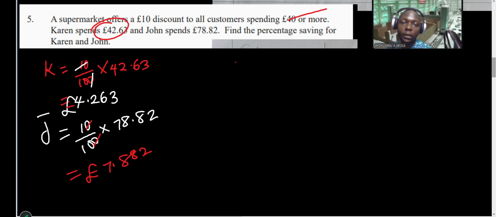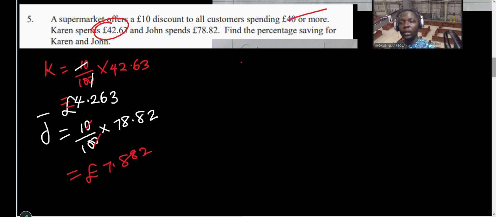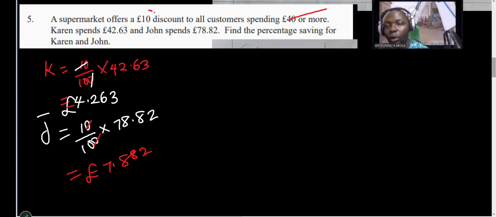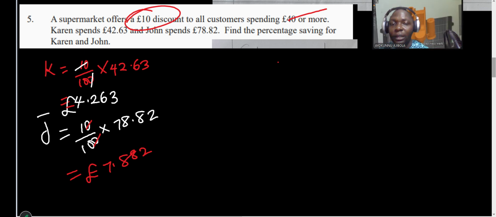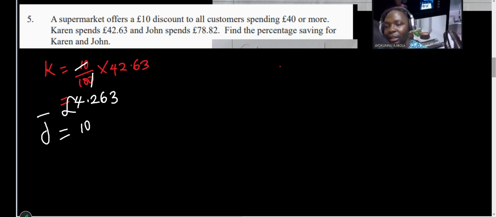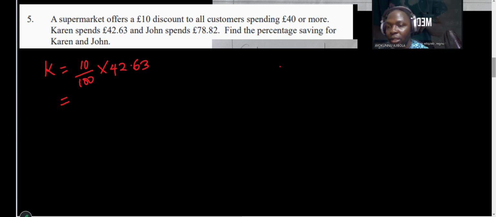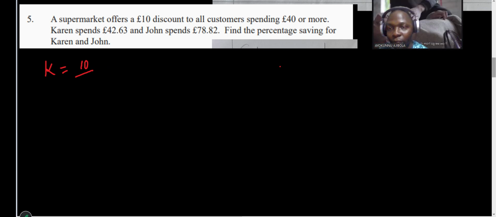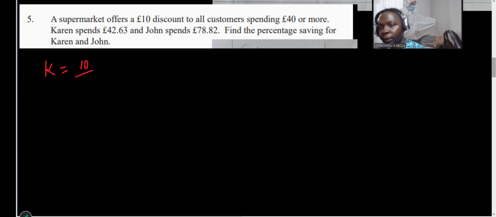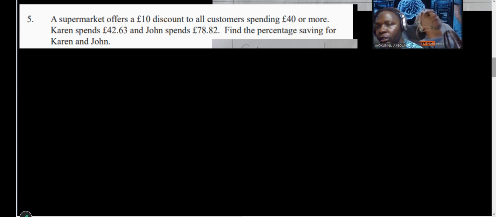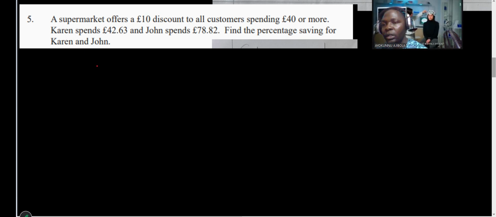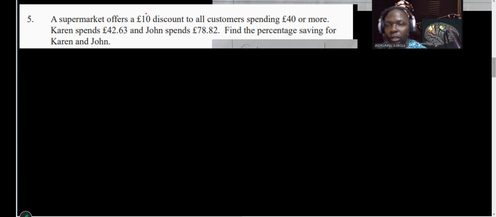So if I do the first one, that is 10 times 100, that's 1,000. So we have 1,000 divided by 42.63. That will be 23.5% approximately. And the second person is the same 1,000, okay? But the only thing is that the amount they spent differs. So 1,000 divided by 78.82, that will be 12.69% or 12.7%. Is that clear?